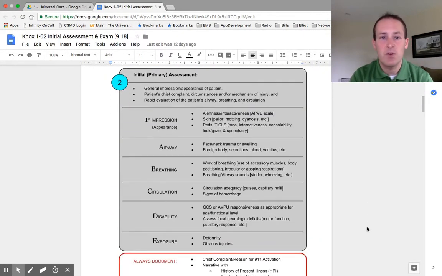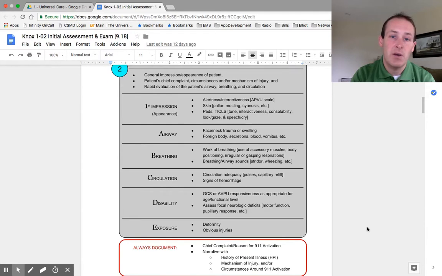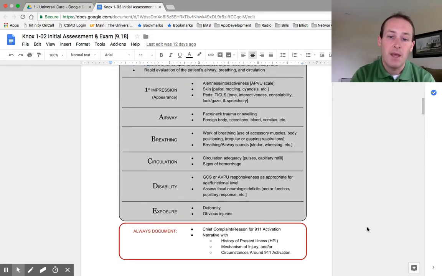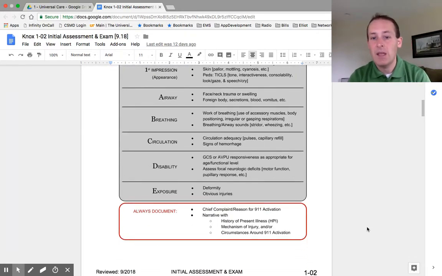Next, we move on to just your general primary assessment, which is your general ABCs, especially documenting that first impression, what that patient looks like, kind of sick, not sick, what their alertness, their skin look like, obvious deformities, and then also documenting within that the reasoning, or how you got to the scene, who called 911, was it a bystander, was it a family member, was it the patient, was it law enforcement?